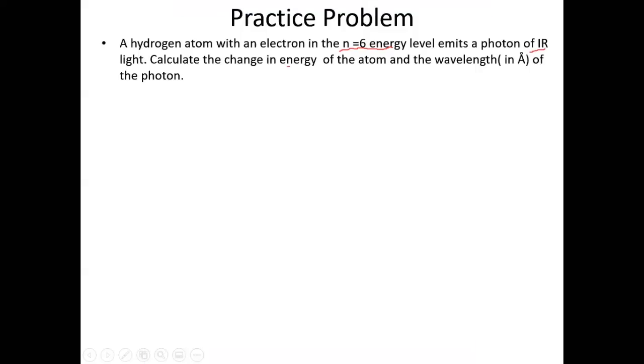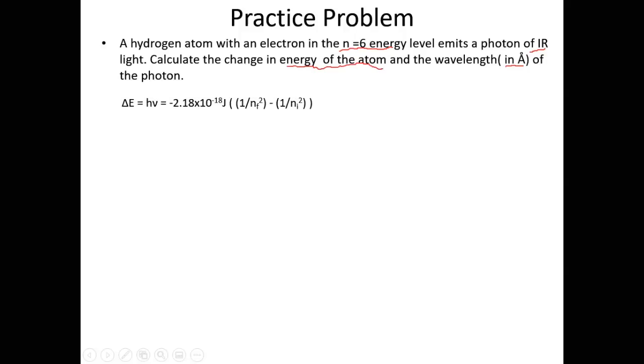Calculate the change in energy of the atom, or should be photon, and the wavelength of the photon. So we want to calculate the energy of the photon. This should be photon, not atom. Oh no, we can do atom, fine. Change in the energy of the atom, and the wavelength, and notice here it's the wavelength in angstroms of the photon.